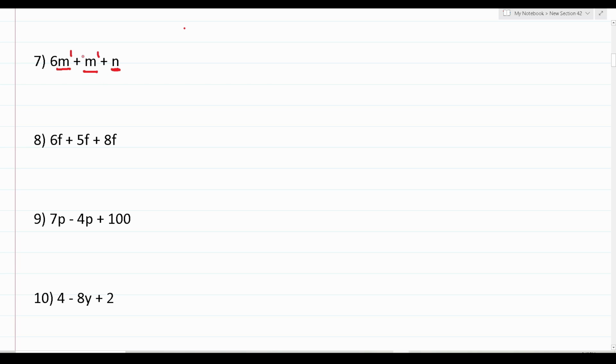So again, if it's not expressed, there's always an imaginary 1 there. So let's go ahead and rewrite this off to the side if we need to. This is 6m plus 1m plus n. 6m plus 1m is going to be 7m plus n. And we can't do anything else since 7m and n are not like terms.